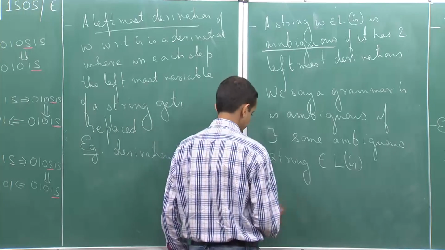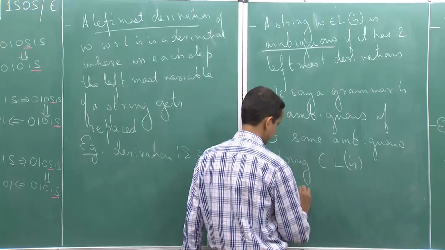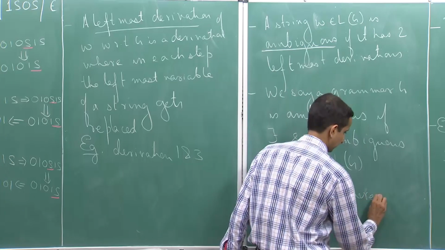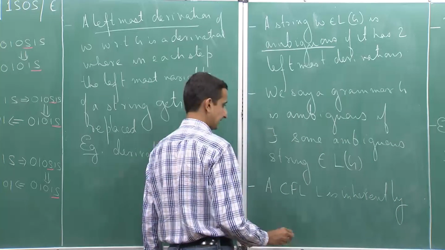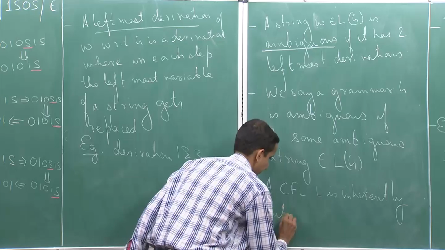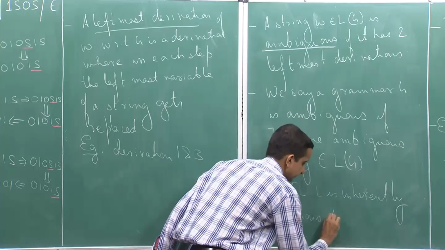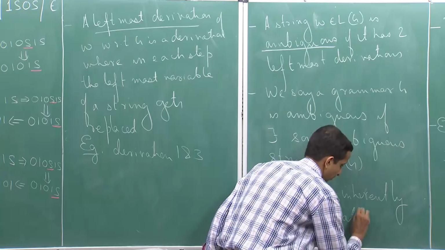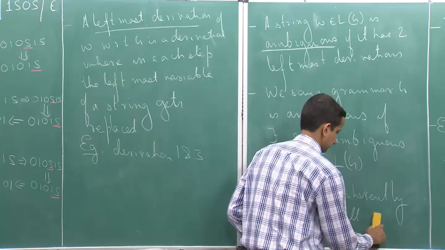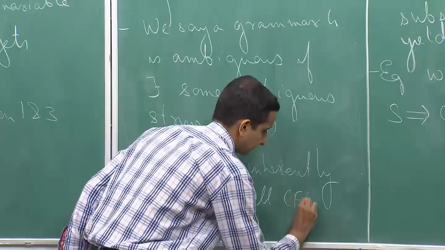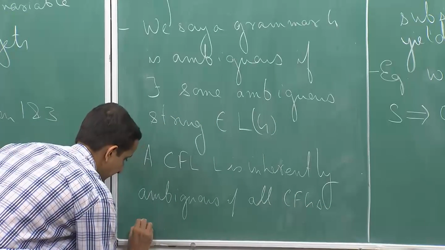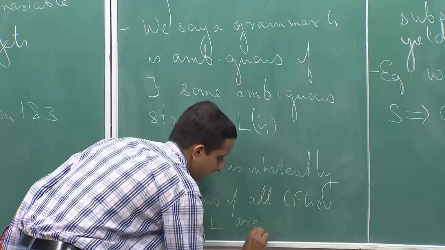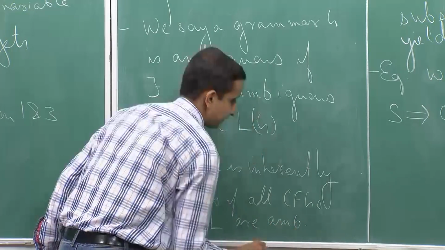And finally, we say that a context free language L is inherently ambiguous if all CFGs accepting L are ambiguous.